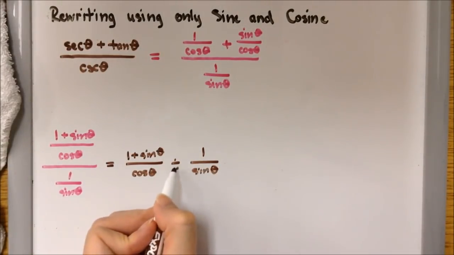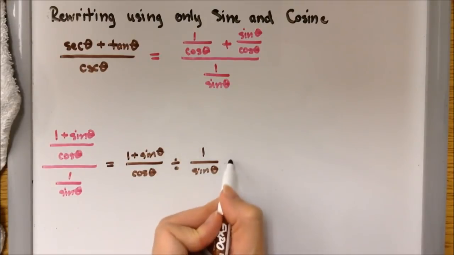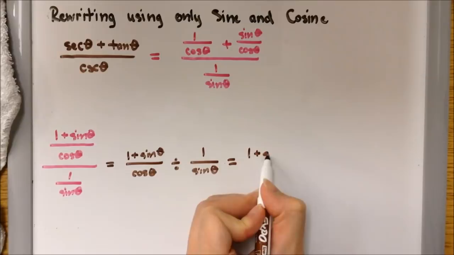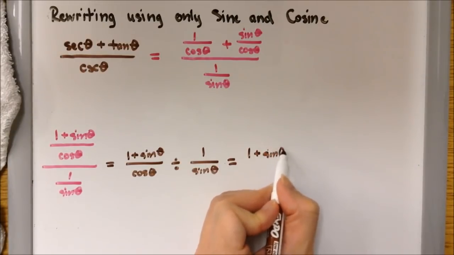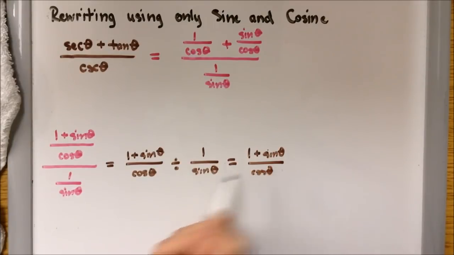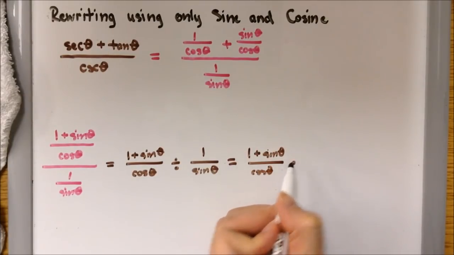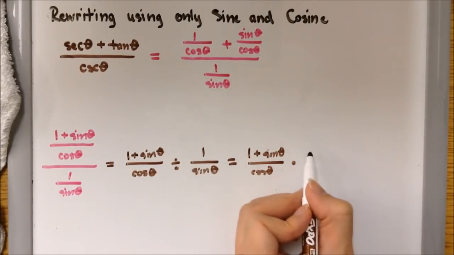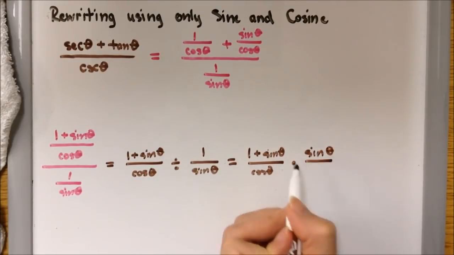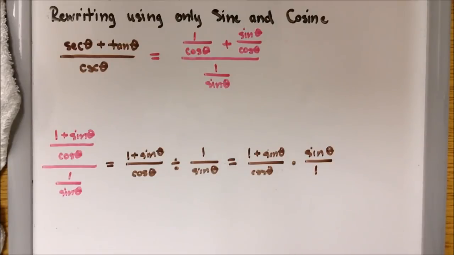And when we're dividing fractions, we can rewrite it as a multiplication. Keep the first one the same. 1 plus sine theta over cosine theta times, flip the second fraction, so sine theta over 1. So it's multiplying after we flip the second fraction.